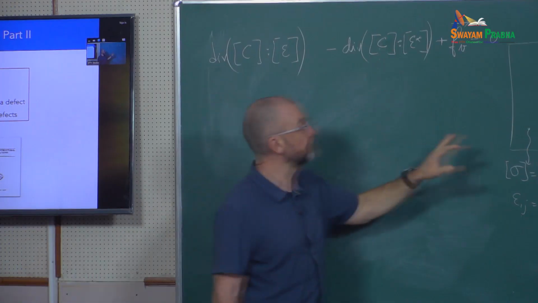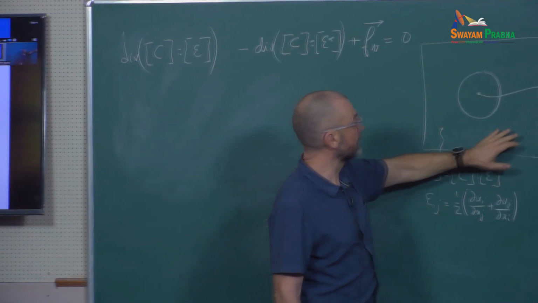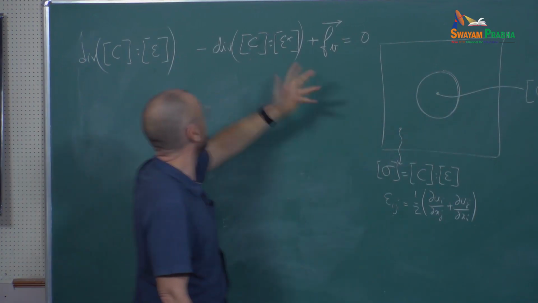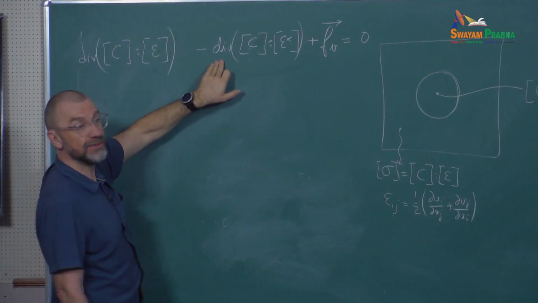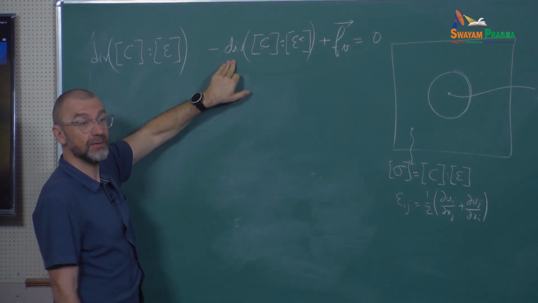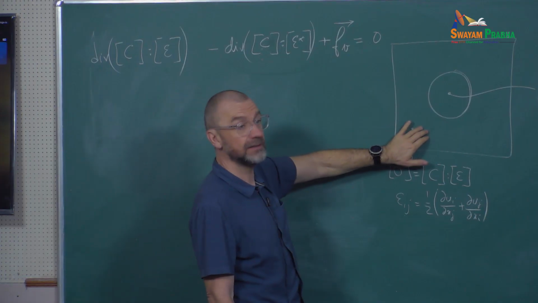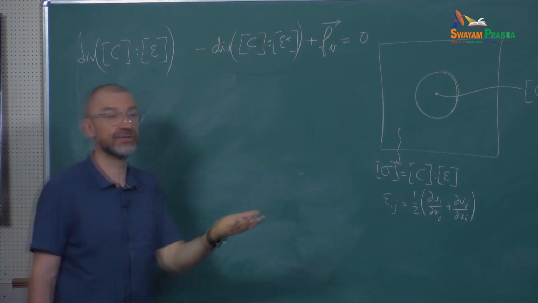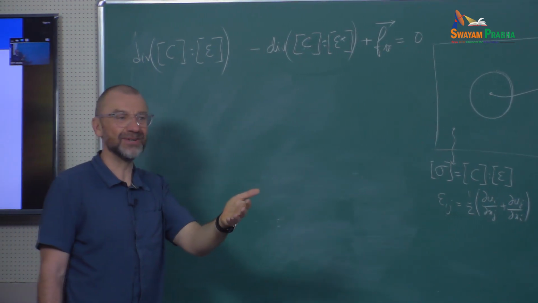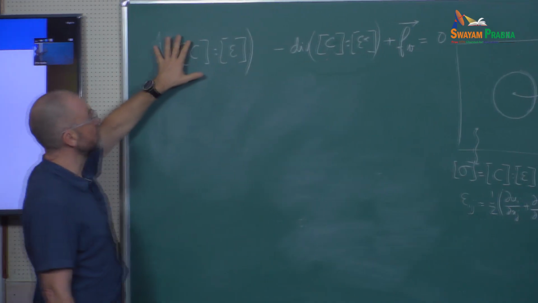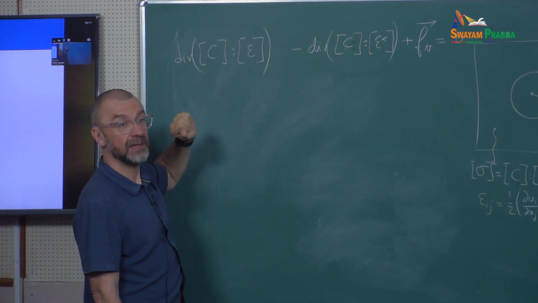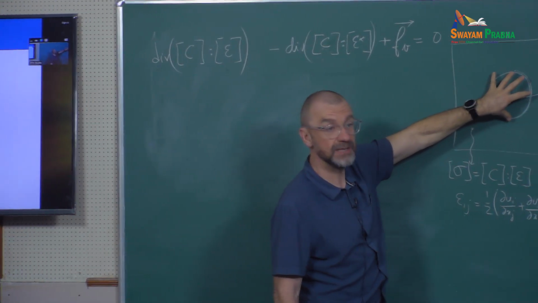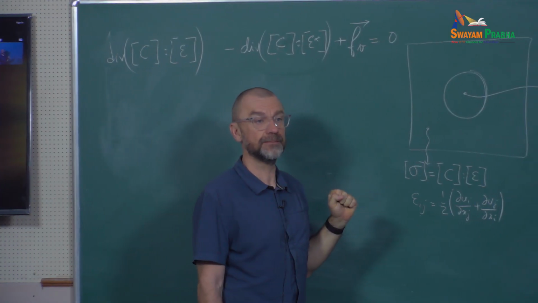So I can solve for the equilibrium of that configuration as if there was no eigenstrain, but by replacing the eigenstrain by a body force inside the material, a body force which is 0 when I am outside and which has some value when I am inside. And so I can use the usual tools to solve for the elastic equilibrium, but now including the eigenstrains, and so modeling the presence of a precipitate inside the matrix.